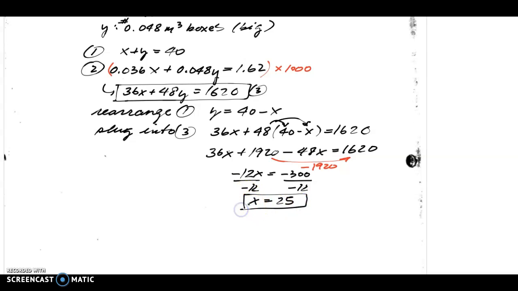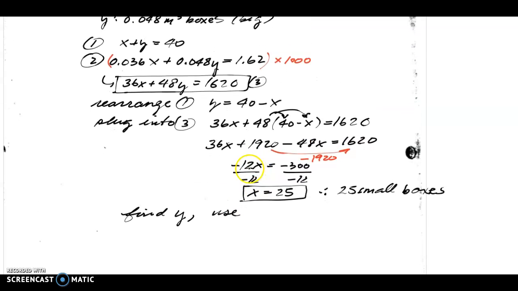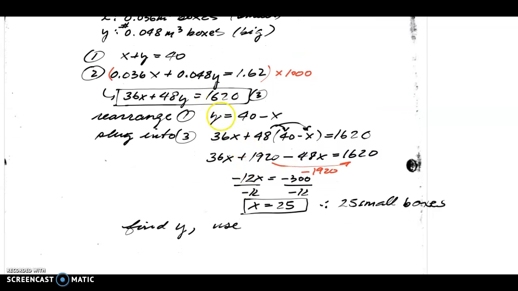Now we got it. So guess what? We can already use this to find y. We know the number, therefore 25 small boxes. I need to find y. Use equation, notice we had this one right here.